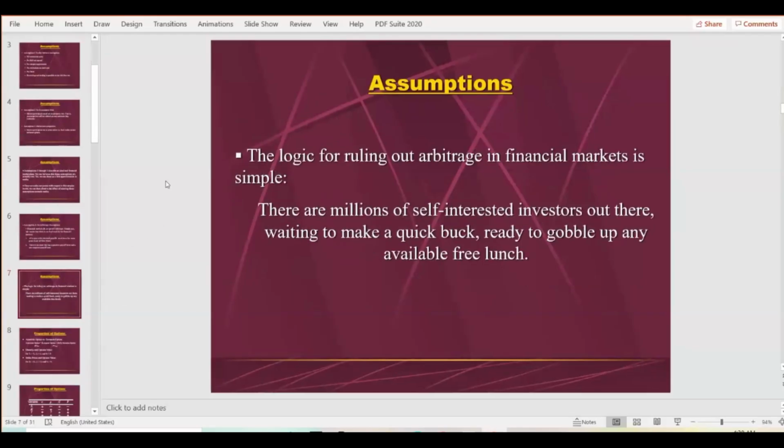So now the logic for ruling out arbitrage in financial markets is quite simple. There are millions of self-interested investors in the market waiting to make a quick buck, ready to gobble up any available free lunch. So when arbitrage opportunities prevail in the market, they will last sometimes for seconds, for very few minutes.